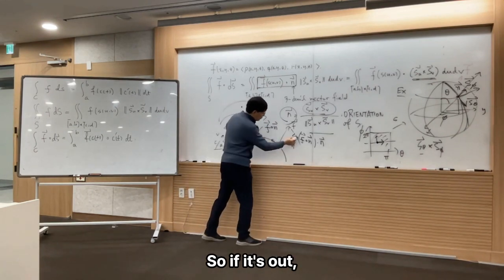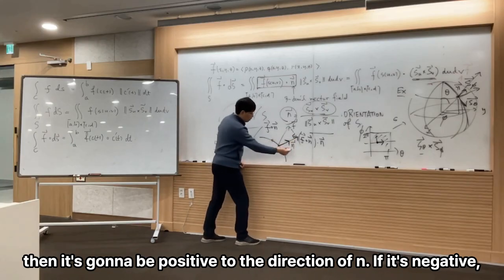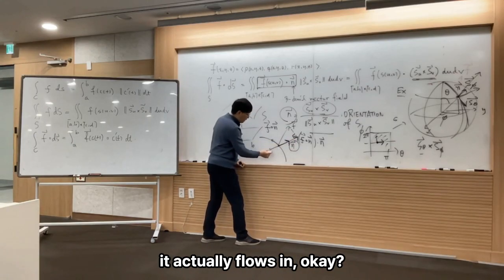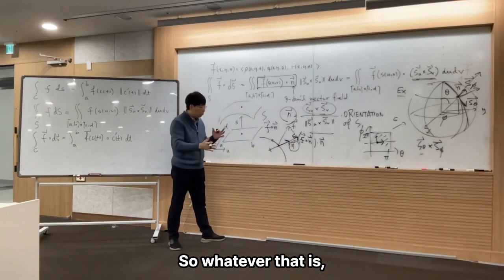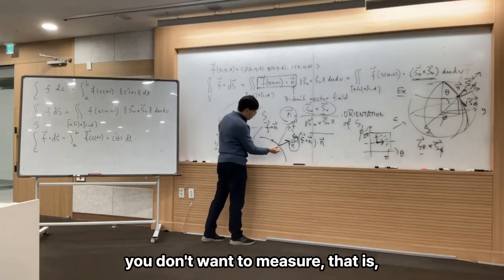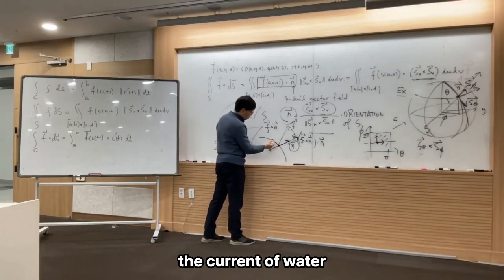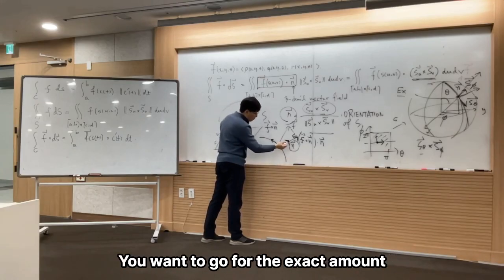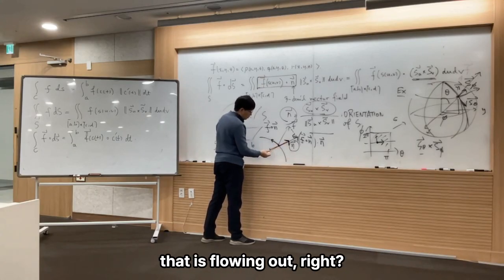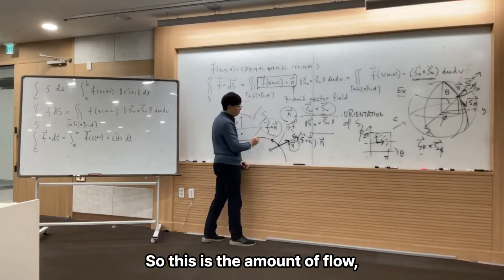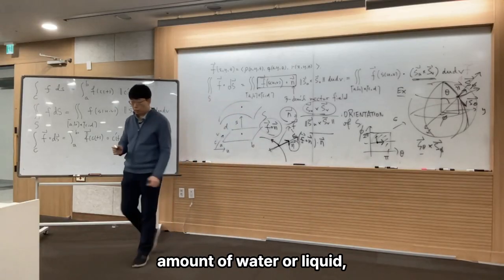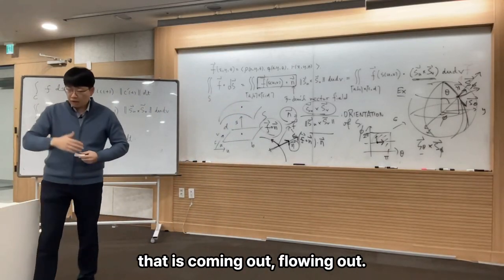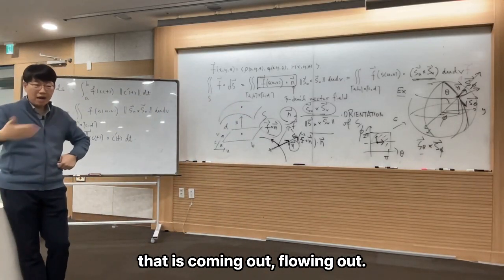If it's out, then it's going to be positive in the direction of n. If it's negative, it actually flows in. So you don't want to measure the current of water that is flowing along the surface, right? You want the exact amount that is flowing out. So this is the amount of water or liquid that is flowing out from the surface.